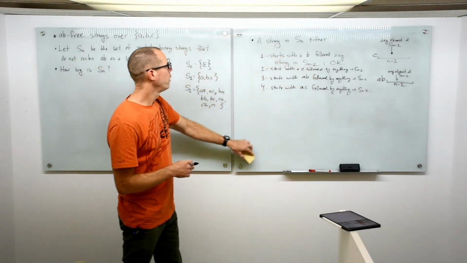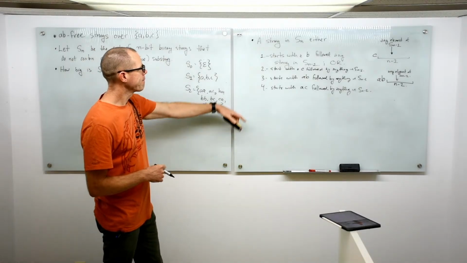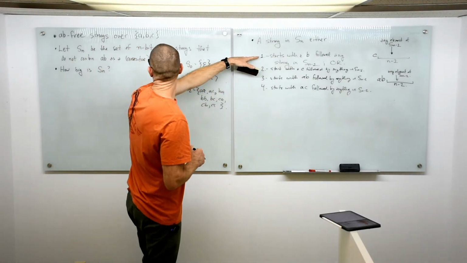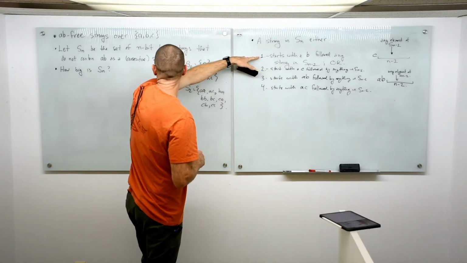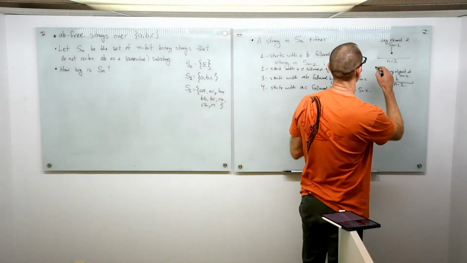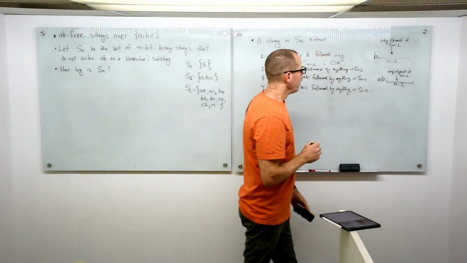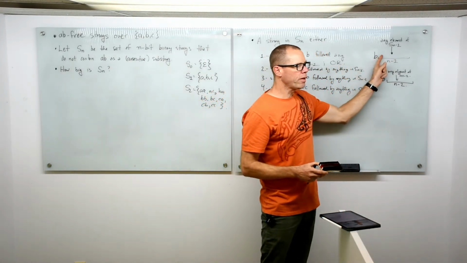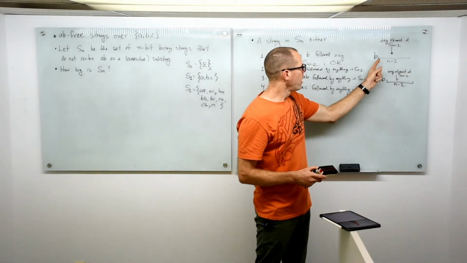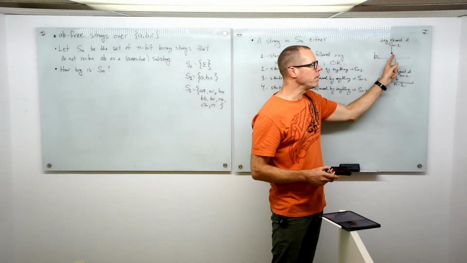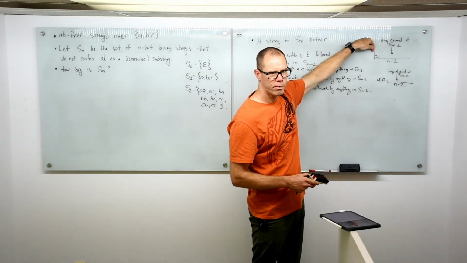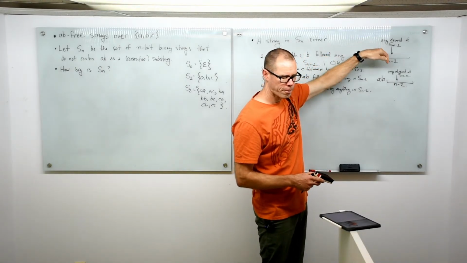So a string in Sn could start with a B, and then I put anything that I want here, anything that doesn't have an AB in it, and when I tack a B on the front of that, I won't get an AB showing up in my string.